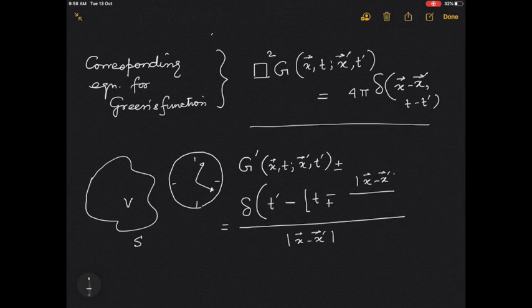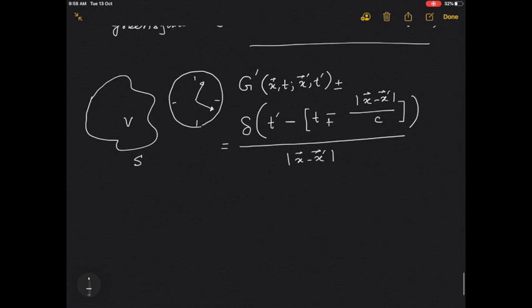So when you take the plus, you have to take minus from here. Okay. So what is the interpretation? The interpretation is that t prime has to match with either t minus that or t plus that.